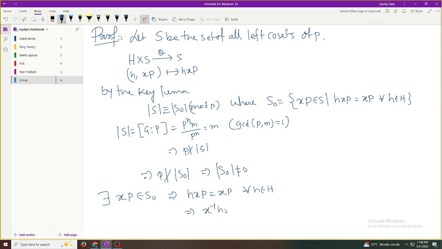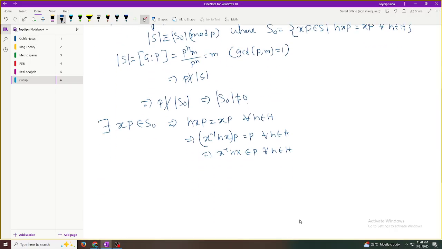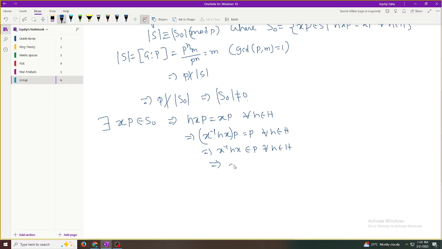X inverse H X P equals P for all H belongs to H. This implies X inverse HX belongs to P for all H belongs to H. This implies X inverse HX is subset of P. This implies H is, I should write subgroup because it is also a group, subgroup of P. This implies H is subgroup of X P X inverse.